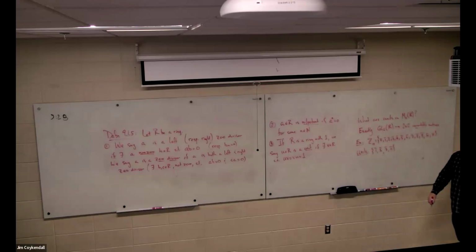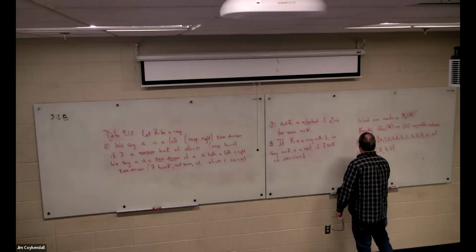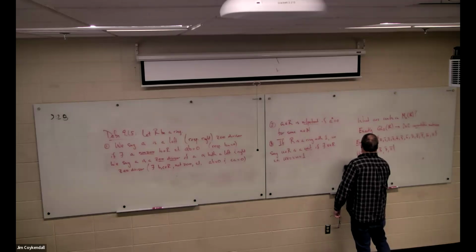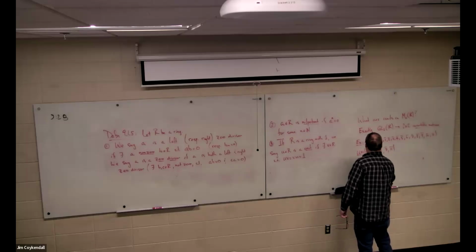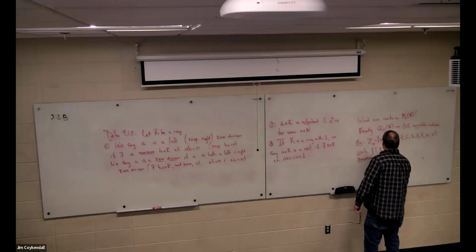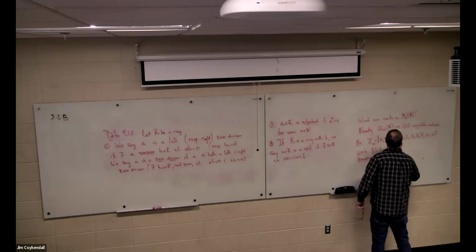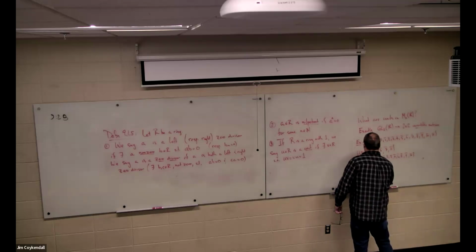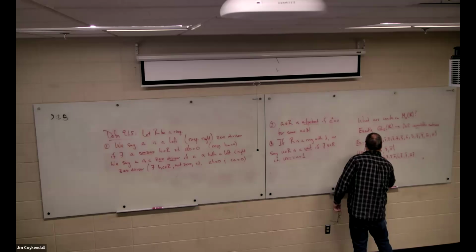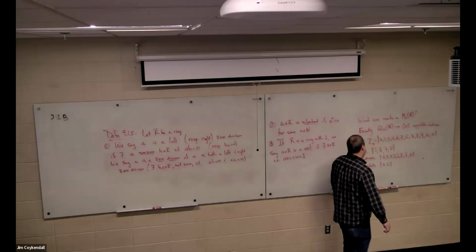There are actually 4 units in this one. Nilpotents, well, zero divisors: everything else. 0, 2, 3, 4, 6, 8, 9, 10. And the nilpotents, in this case, are 0 and 6.